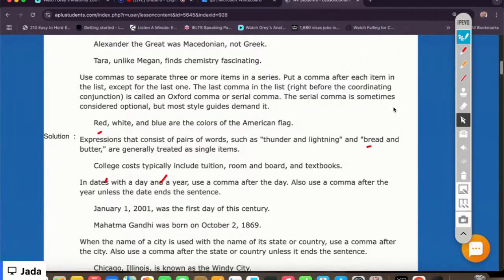The serial comma is sometimes considered optional, but most style guides demand it. So you have to put a comma after each series except the last. So you see just like red, white, and blue, you know this is the last one. So you just put a comma before the coordinating conjunction. You do not need to put a comma afterwards, after the and.